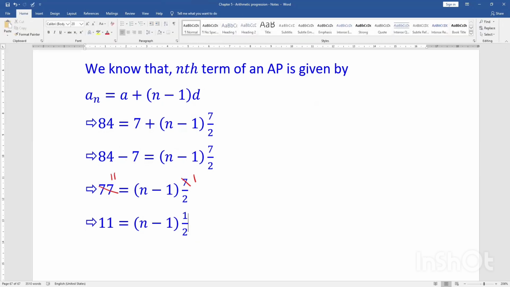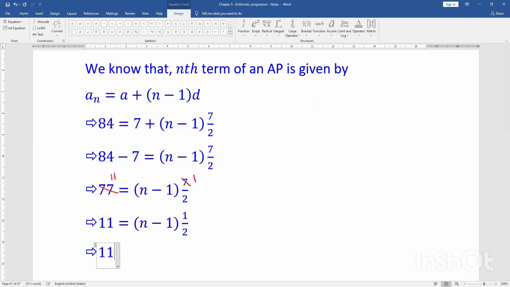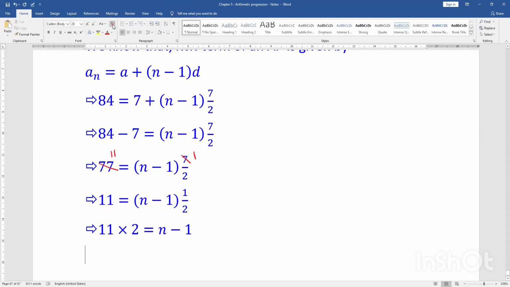Now the 2 gets multiplied, cross multiply. So 2 into 11 becomes 22, right? The 2 in the denominator goes to the left hand side, so 11 into 2 equals n minus 1. I'm just showing some extra steps.